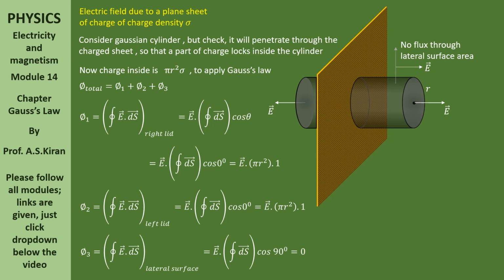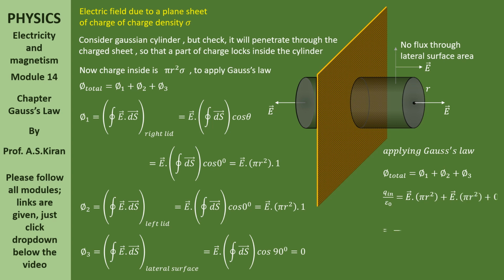Electric field is horizontal. There is a sheet. With respect to that sheet, the electric field is horizontal. The lateral surface area is perpendicular to the electric field. So now phi 3 is equals to 0. Cos 90 is 0.